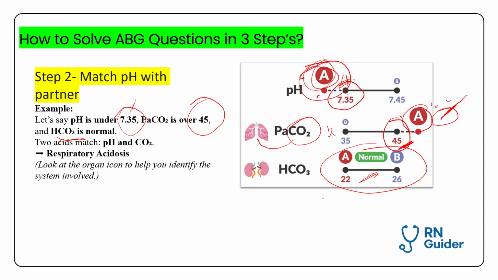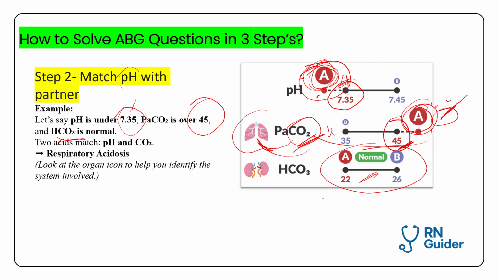In step 2, we have to find the pH match. We got pH value acidosis, so we have to find which portion is matching with the pH, that means acidosis. We already got the acidosis in the carbon dioxide value. Carbon dioxide is acidosis, and carbon dioxide is related to respiratory.